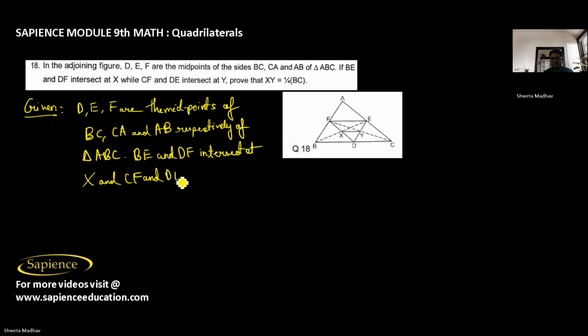And it's told that DE and DF intersect at X, and CF and DE intersect at Y.